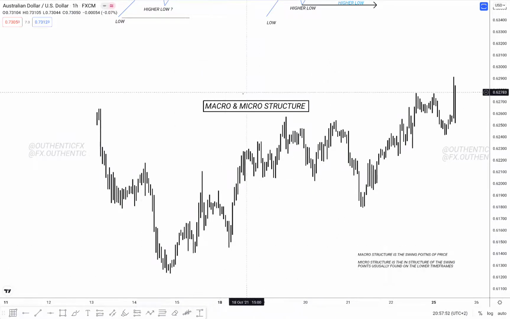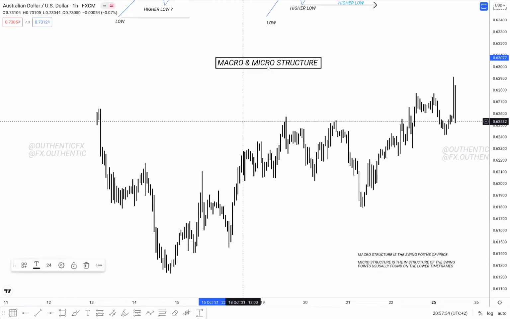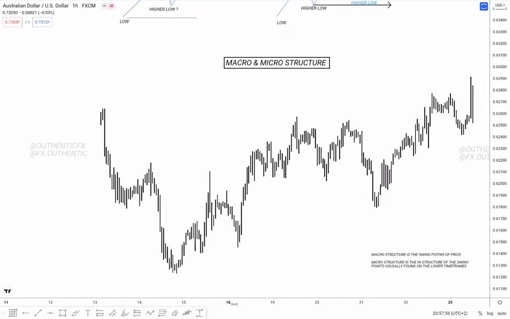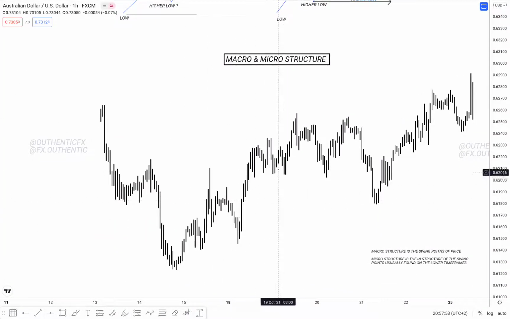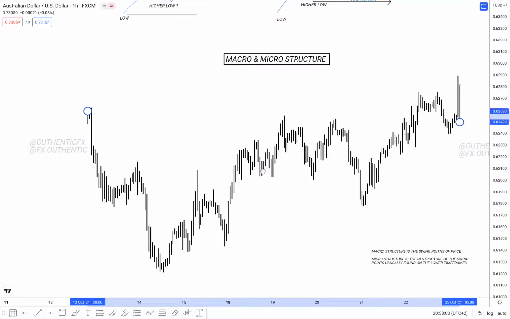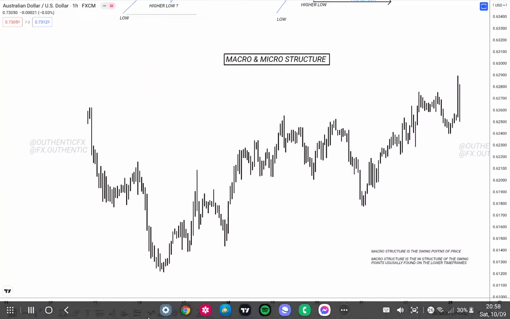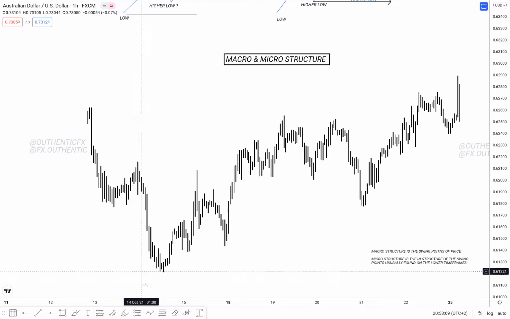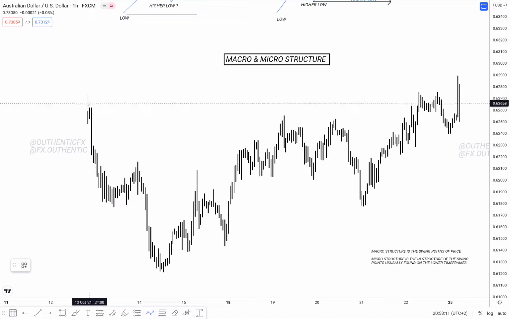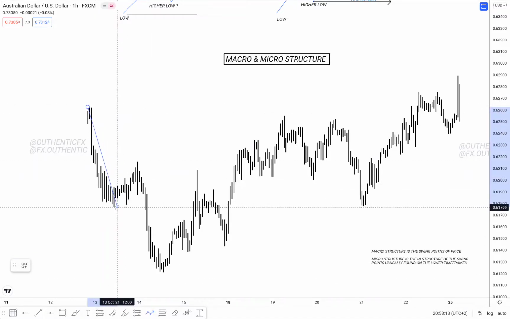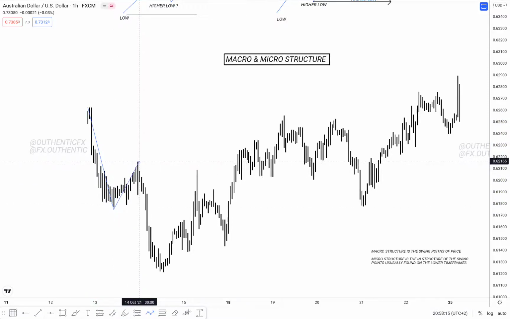So macro structure is the swing points. We identify macro structure on our higher time frames, such as the H4, the daily, the weekly and the monthly, right? So when it comes to macro structure, we're looking for the swing points. We do not care about what's happening in between. We just care about the swing points. So we have this swing point here. Then we have that pullback swing point, right?